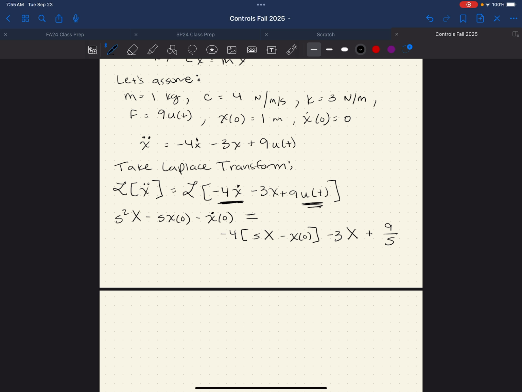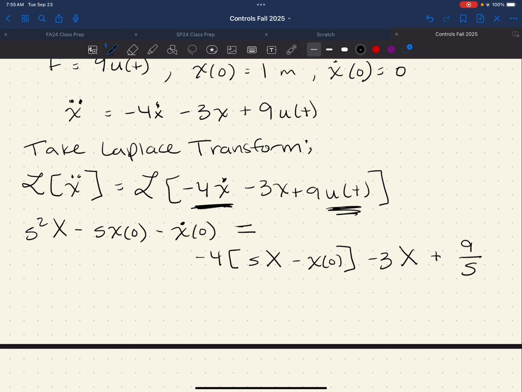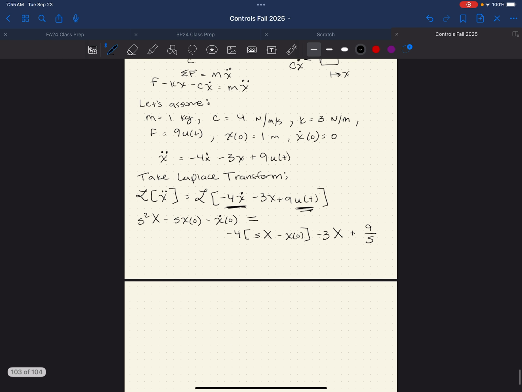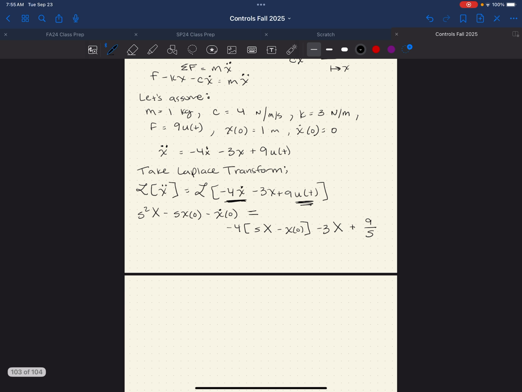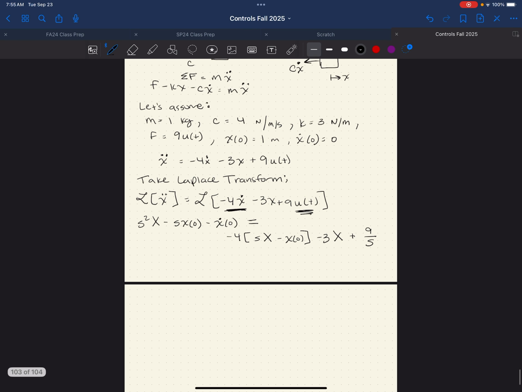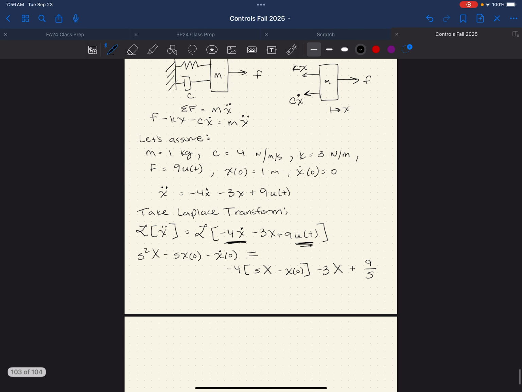Okay, so now what I'm going to do is rearrange so that I have all of my big X's on one side of the equation and everything else in terms of s on the right-hand side. Okay, so let's see how that might work. Oh, let's fill in our initial conditions too. So x of 0 we said was 1.